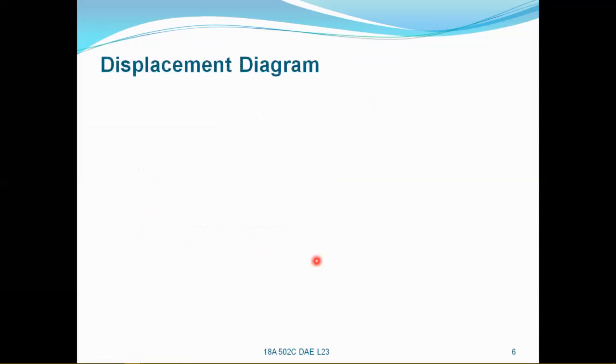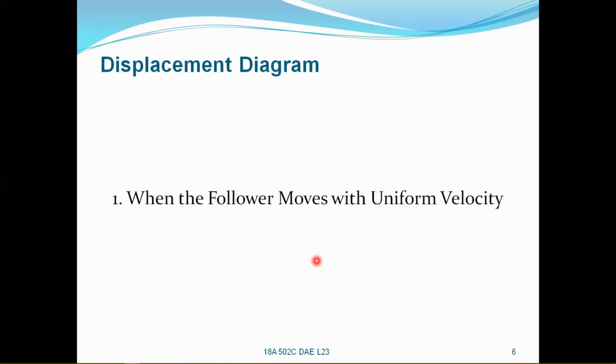So, the displacement diagram for a follower when the follower moves with uniform velocity. How to draw a displacement diagram if the follower moves with uniform velocity? The follower may be of any type.